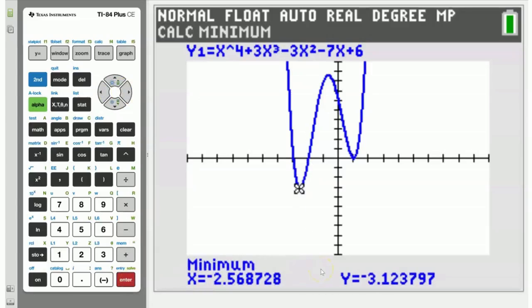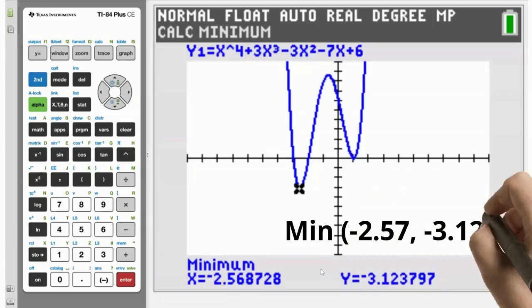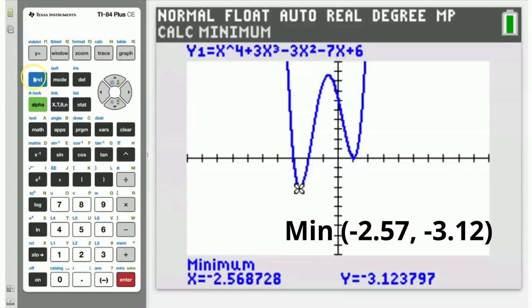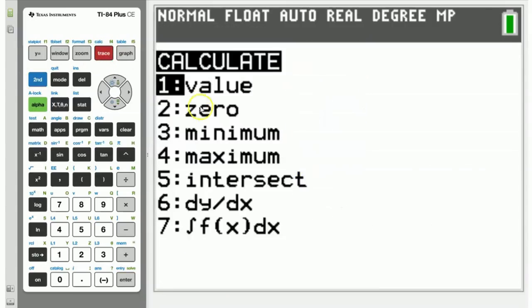All right, so we'll say negative 2.57, comma, we'll say negative 3.12. That looks good.